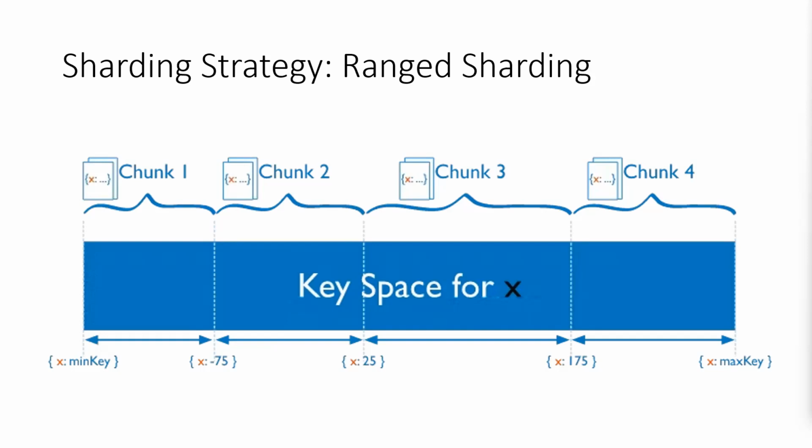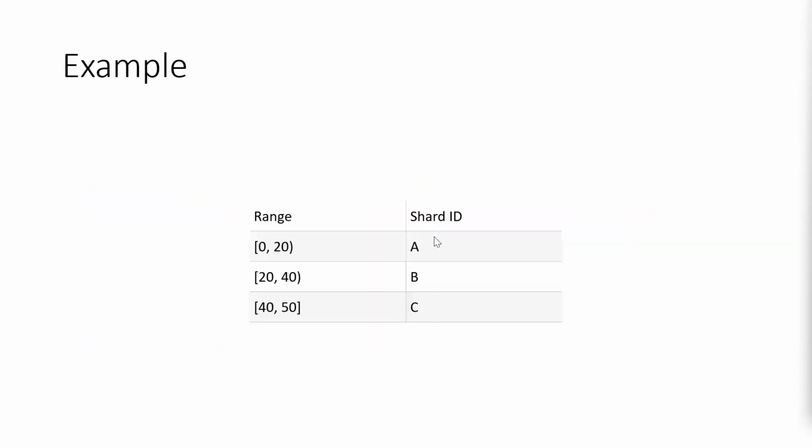So let's say we have ranges for shards A, B, C. In this particular case, 0 to 20, then 20 to 40, and 40 to 50.